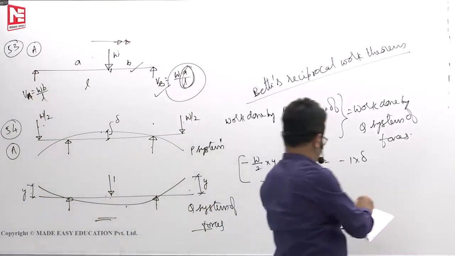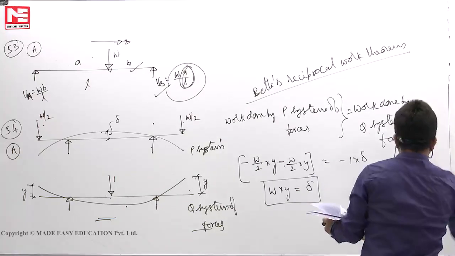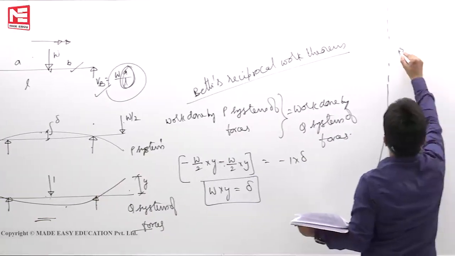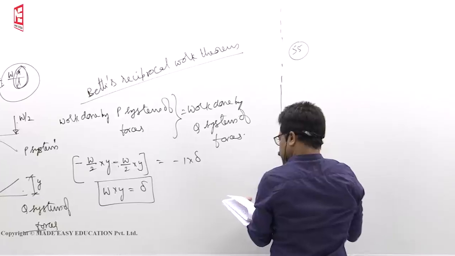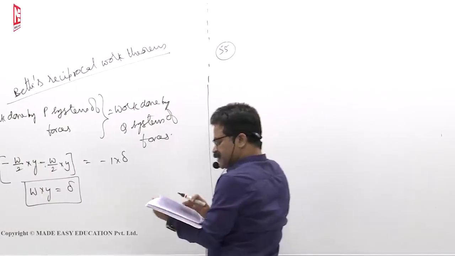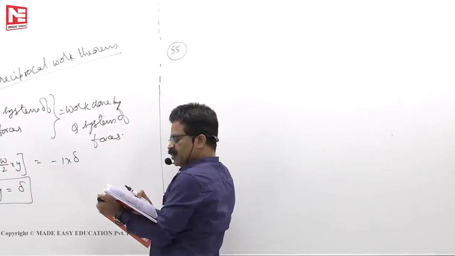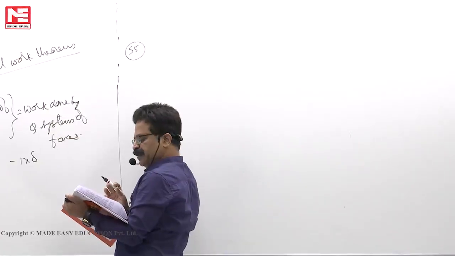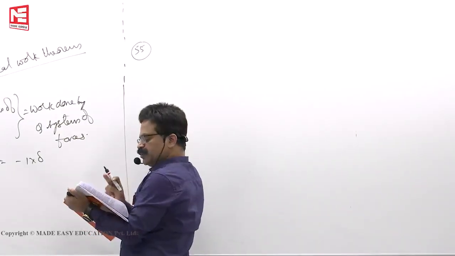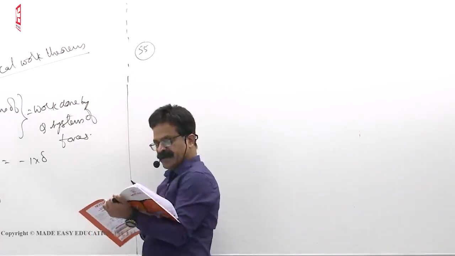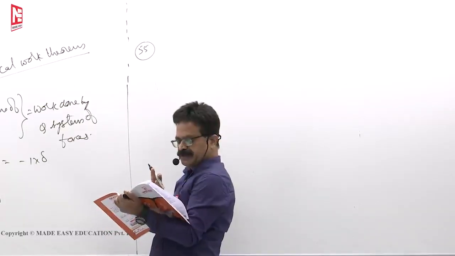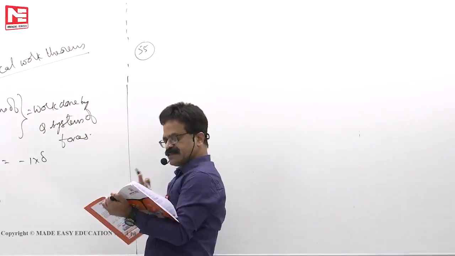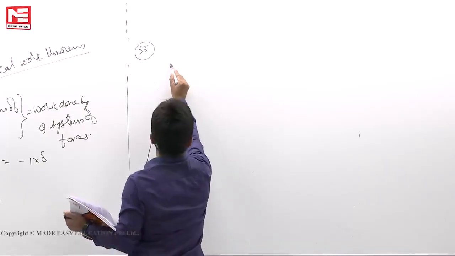Next, 55. Whether it is maximum bending moment at a section or absolute maximum bending moment, the moving UDL should cover the entire span of a simple beam if the span is less than the loaded length.